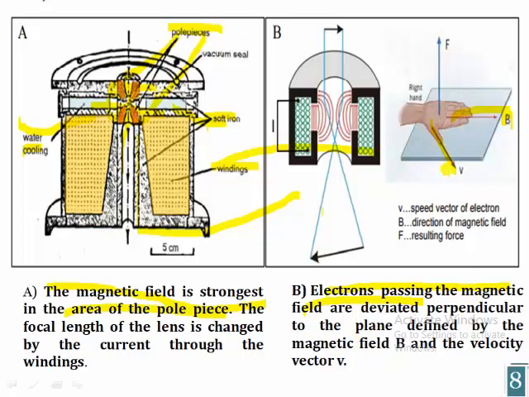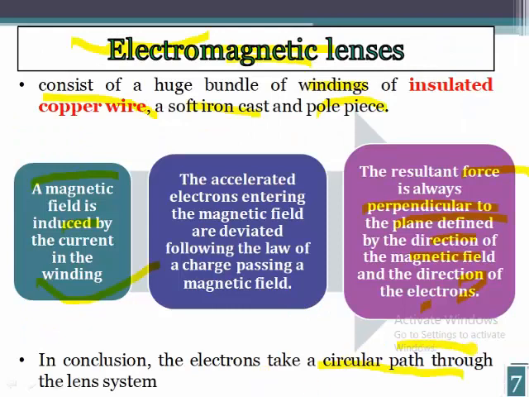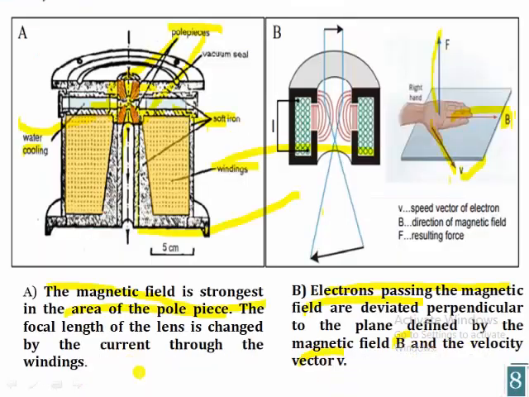V means the speed, the velocity vector of the electron, and the force is defined by the magnetic field B and the velocity vector V. Whatever force is generated will be perpendicular to these two directions, the magnetic field as well as the electrons, and we will get a circular path through the lens system.